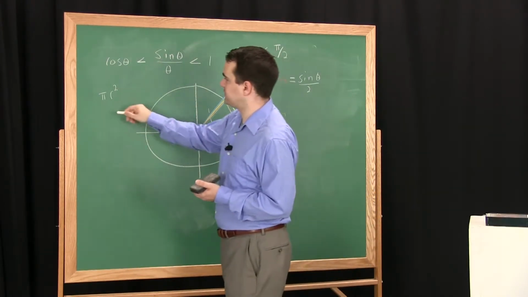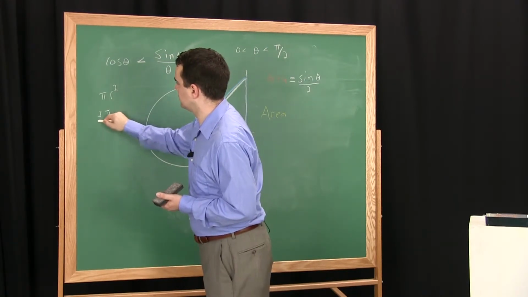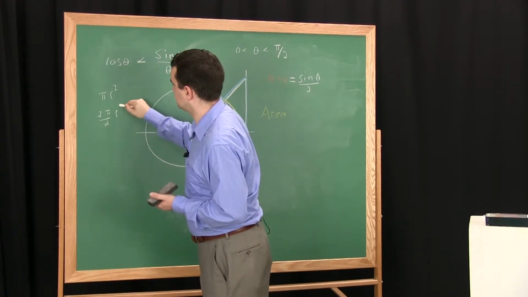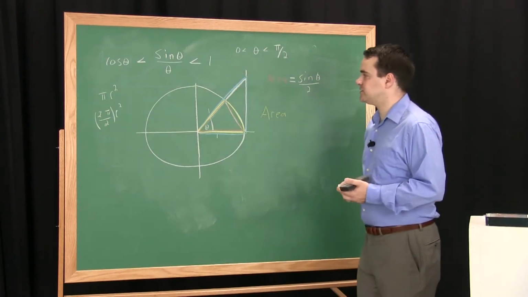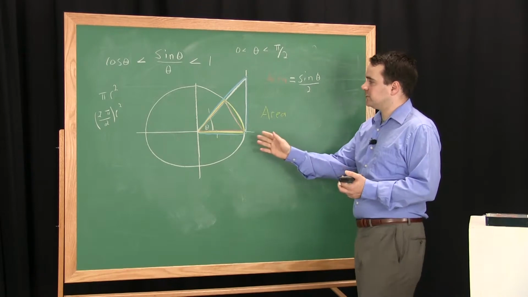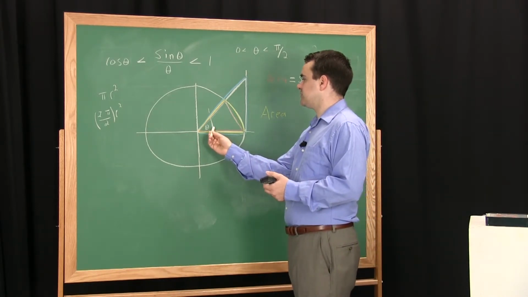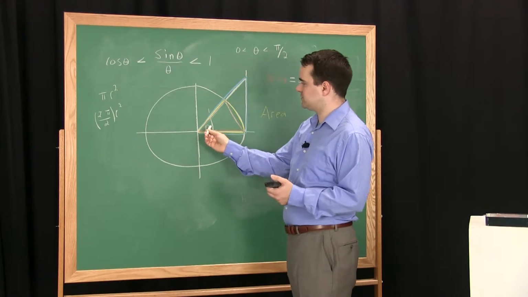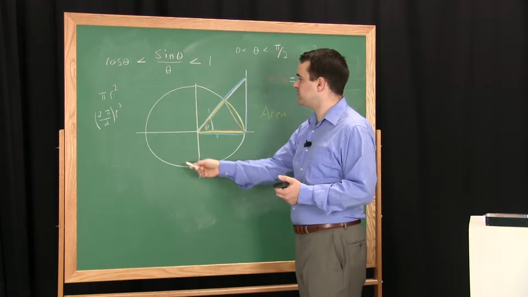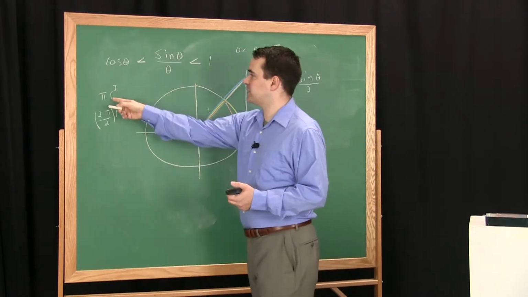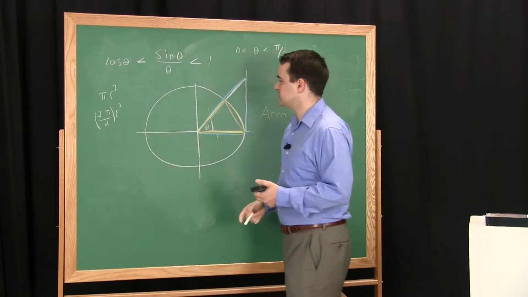And I can rewrite this as, if I want, 2 pi over 2 times r squared. And so why did I do that? Because if you want the area of a pizza slice, what you have to do is you have to look at how much pizza you've got. So you've got to look at how big this angle is. If that angle is equal to 2 pi, then you want to get pi r squared. So that's theta equals 2 pi divided by 2 times radius squared.